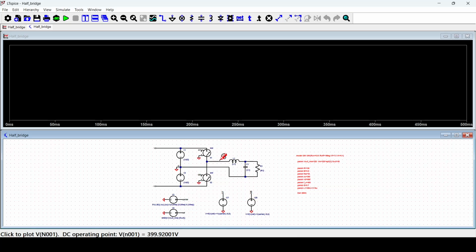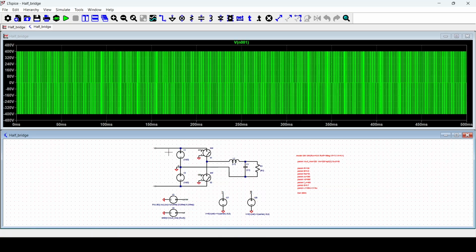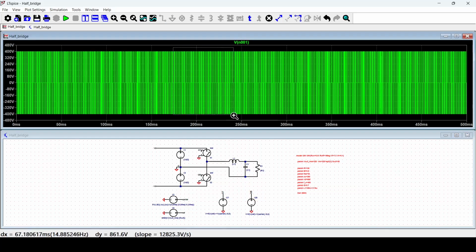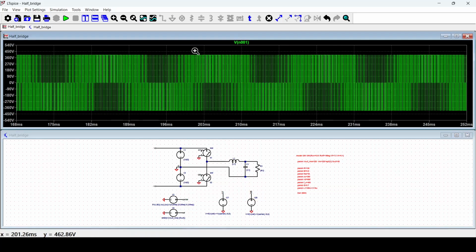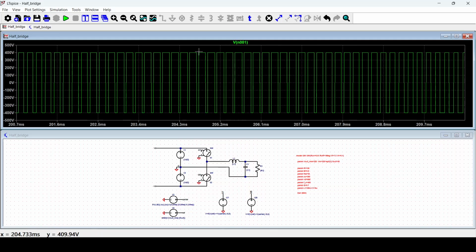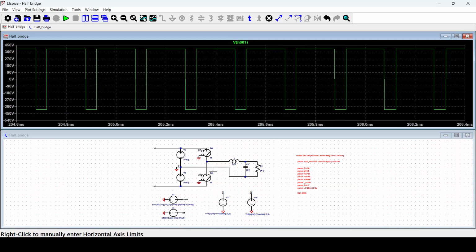Let's first plot the unfiltered output waveform. We can zoom in and we can see the square wave, basically the switching frequency that is given by the two switches of the leg, and we can see that it is an ideal, of course, switching waveform.